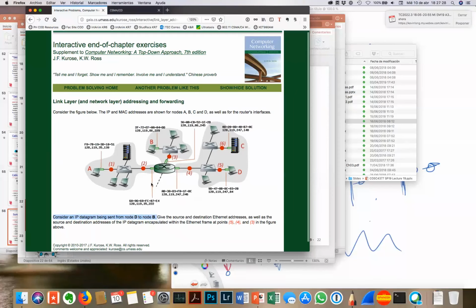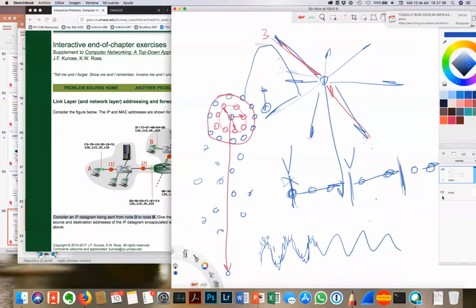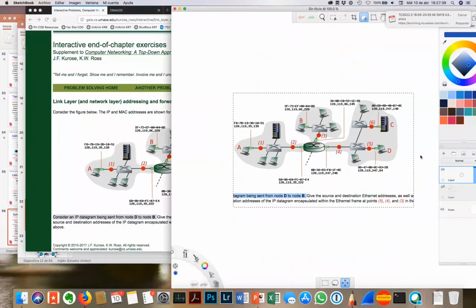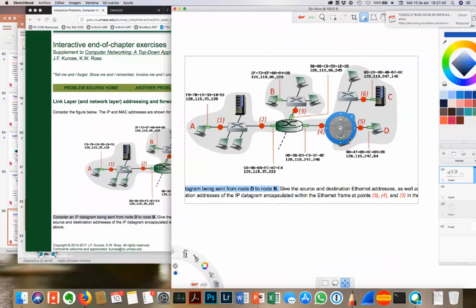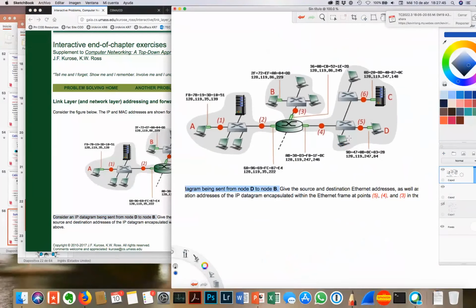So let's do one. It will be our last thing to do for today. We're going to go D to B, and we want to go 5, 4, 3. So D to B, so from here to here, and they want to know at point 5.